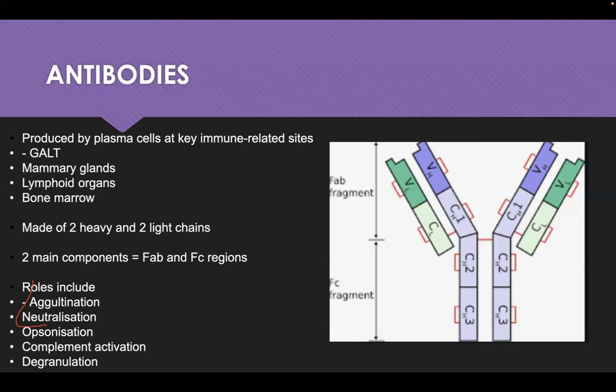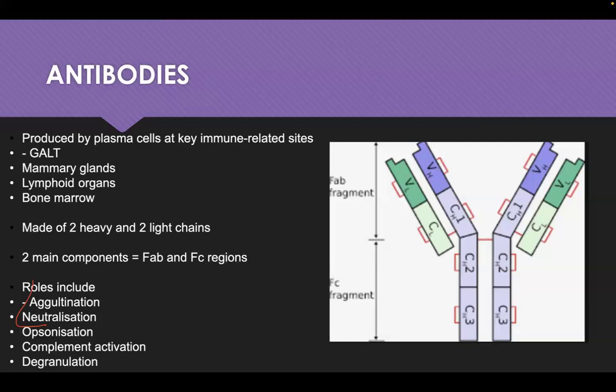As we can see in this diagram, antibodies are composed of 4 polypeptide chains: 2 heavy chains and 2 light chains, which are held together by disulfide bonds for stability. They have 2 functionally distinct regions. We have the Fab region, here at the top in the diagram, and Fab just means fragment antigen binding.